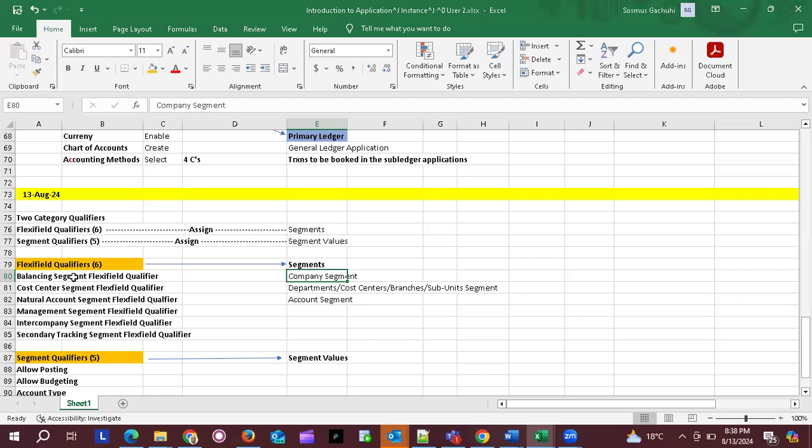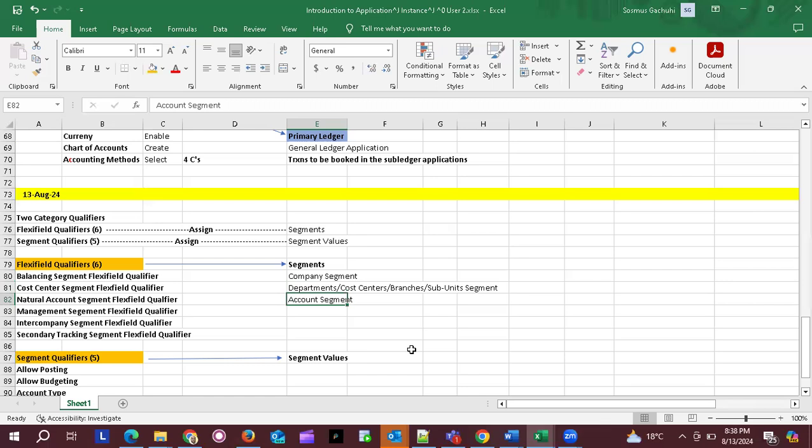A natural account segment can only be a natural account segment if it has the natural account segment Flexfield qualifier assigned to it. Are we together on that? Yes, I think I've got you.